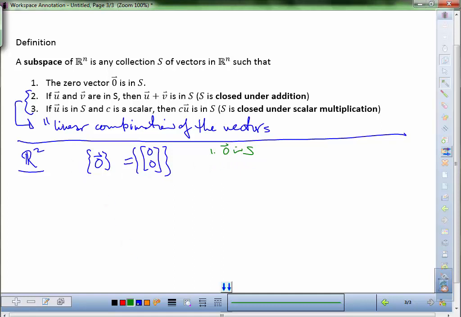Let's say this is our S. So 0 is in S, so the first condition is satisfied. The second one, if you have two vectors in S, then the sum of those two vectors will still be in S. So let's pick two vectors that are in S, like 0 and 0. If you add that, you get 0. And this little E symbol, by the way, means is an element of.